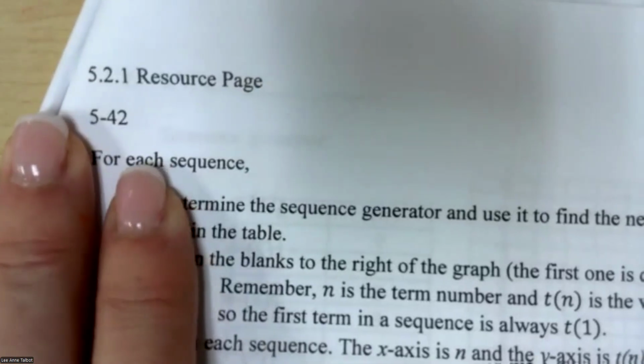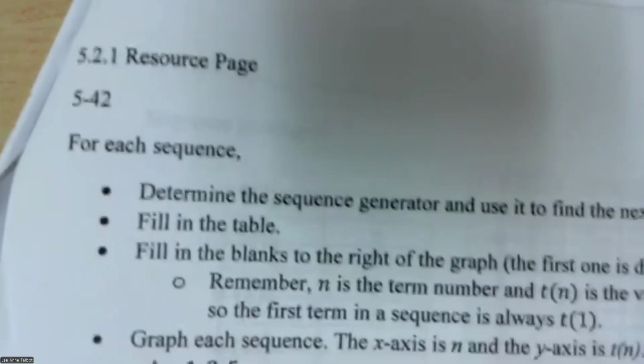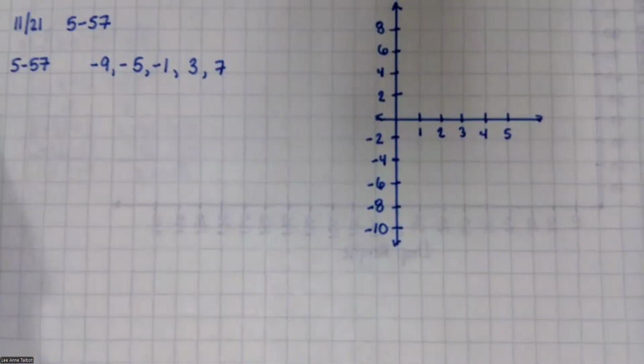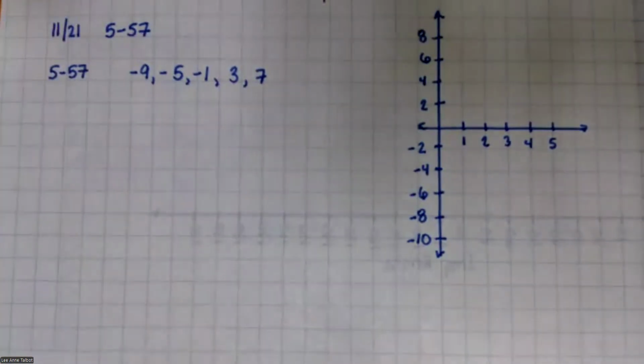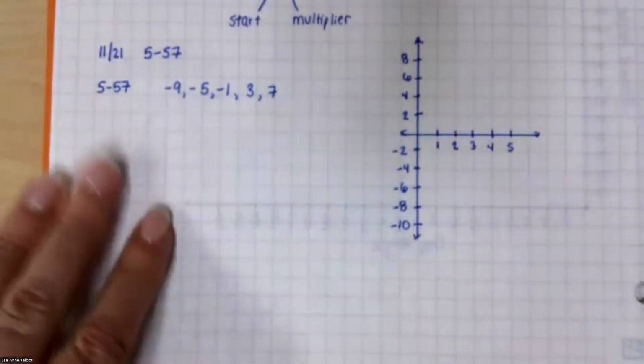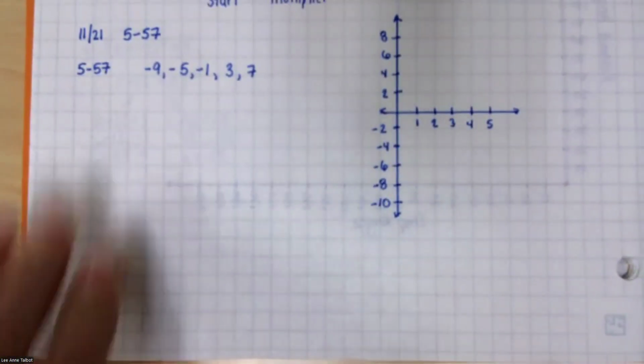We're gonna do this in a minute. So just find this and then set it to the side. And start with this first. So we're gonna do a problem before we do the resource page so that the resource page is much easier.